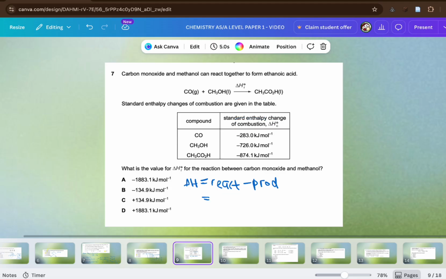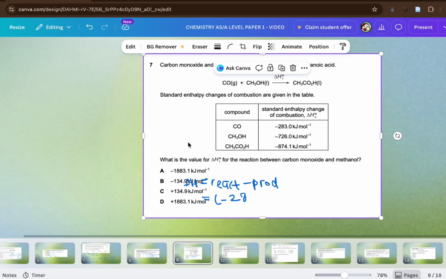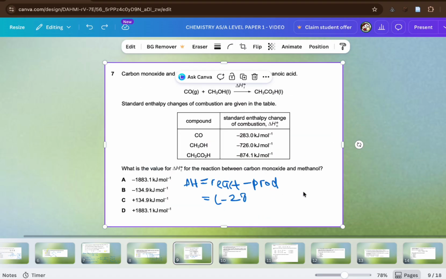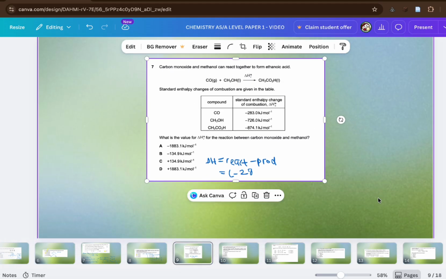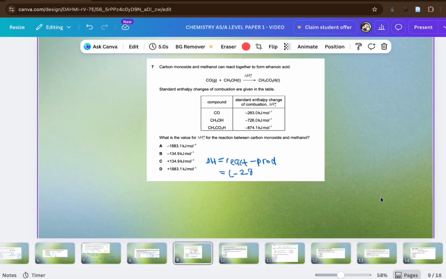Reactant is negative 283 plus negative 726. Pardon me for my bad handwriting once again, guys.